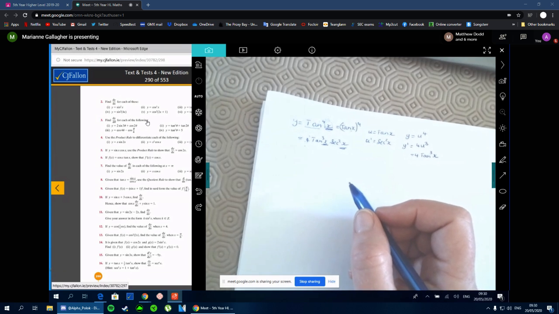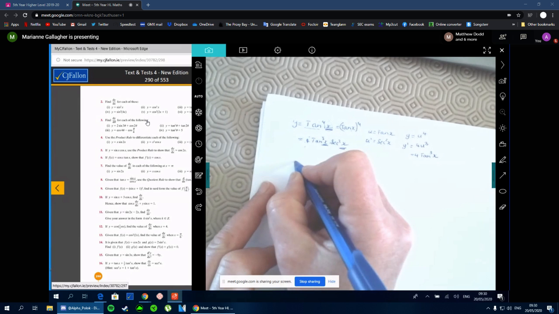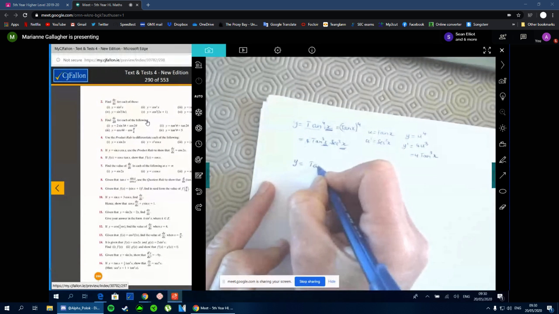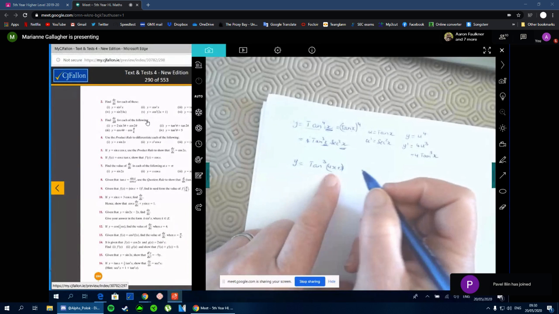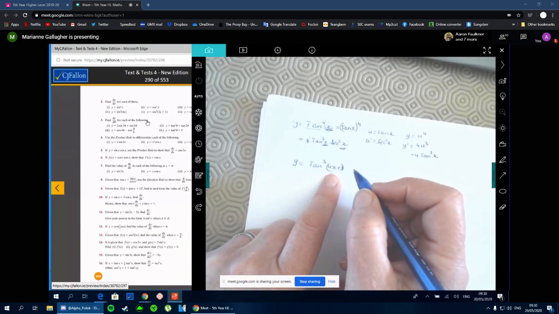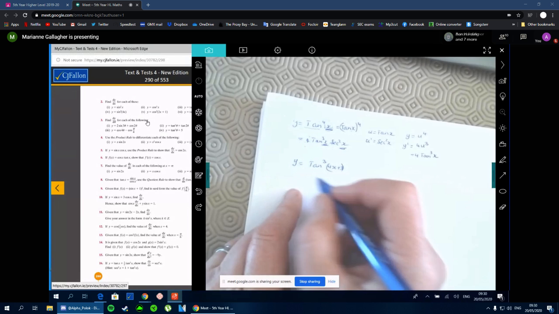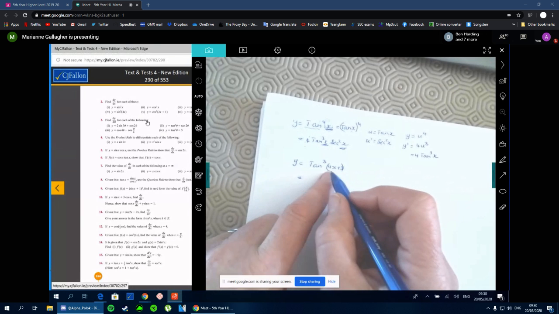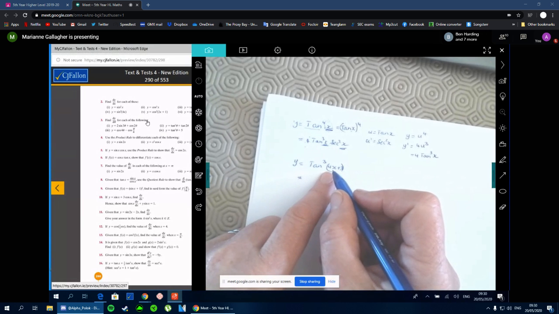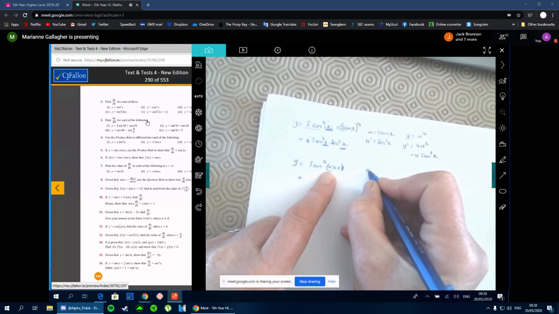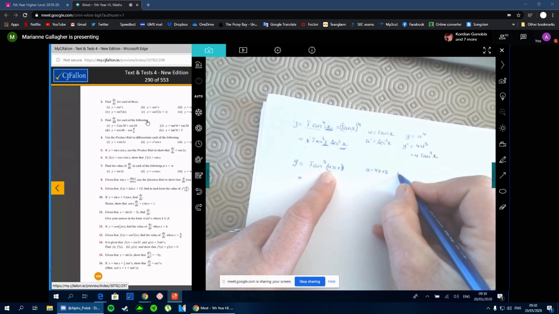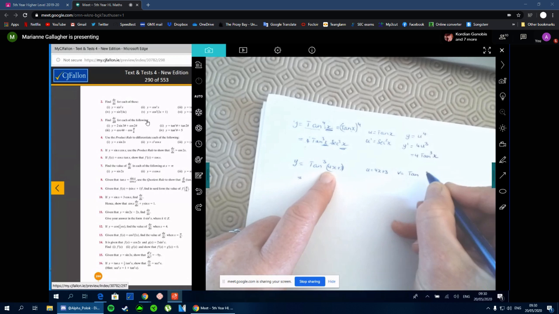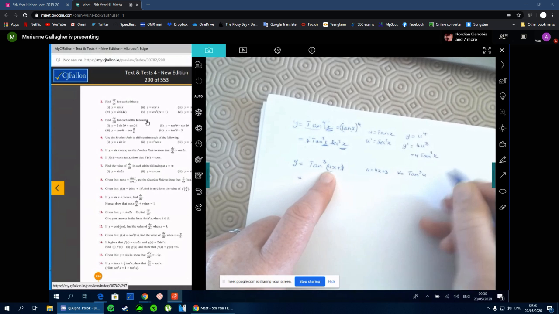So if we look at another one from question 2, you've got y is equal to tan cubed of 4x plus 3. So 4x plus 3 is our angle. When we're using the chain rule here, first of all, you could have u is equal to 4x plus 3. Then you'd have v is equal to tan u. And then you could have another one, y is equal to v cubed.